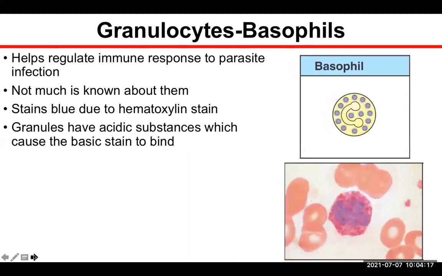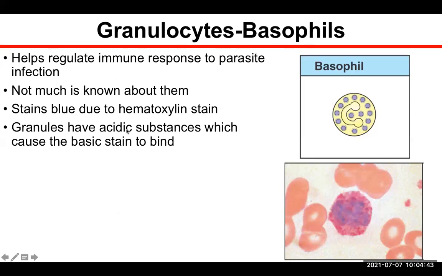And then the last granulocyte that I want you guys to know are basophils. These are also another immune cell that regulate parasite infection. There isn't a whole lot known about these cell types. Most people don't study them because honestly, there's more important cells to study, like B and T cells.